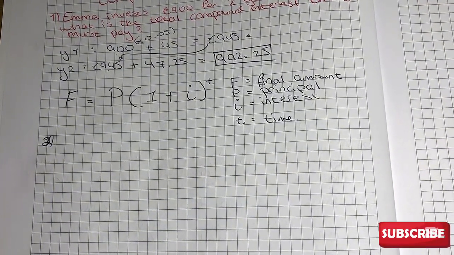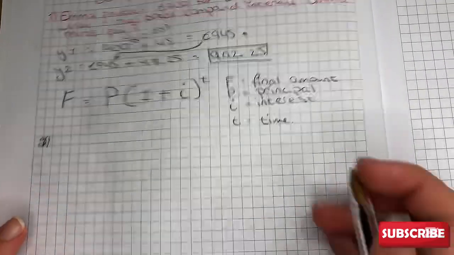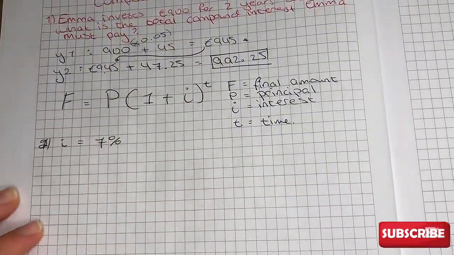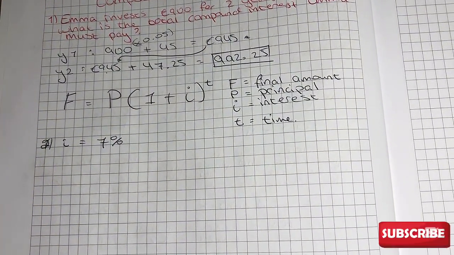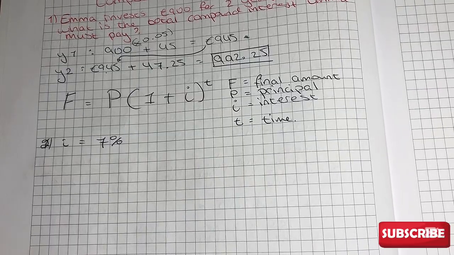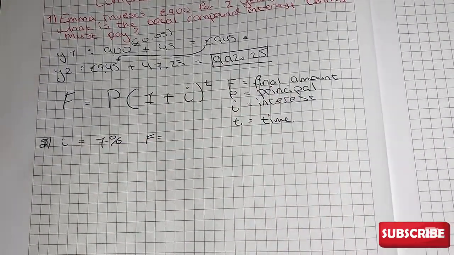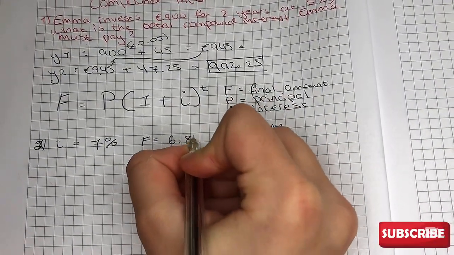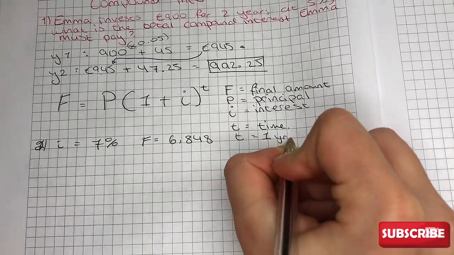Okay, so there's a lot of talk here. We are told that the interest is 7%. Perfect, love that. 7% compound interest, right? But then we are told the final amount after investing for 1 year, so it is 6,848, and the time is 1 year, like I just mentioned.